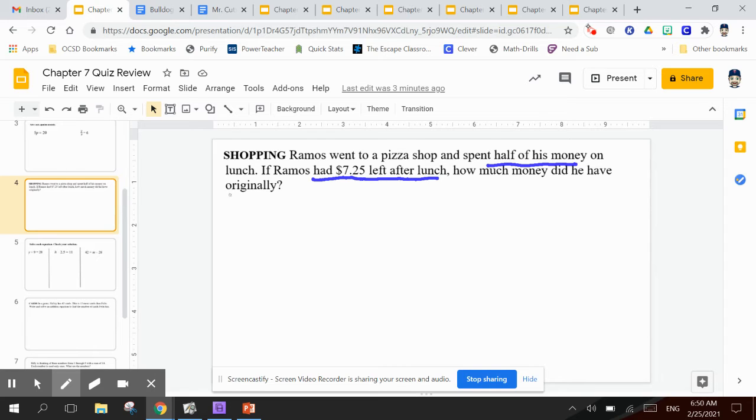So I don't know how much he had originally. That's my variable. So we have 1/2 his money. So 1/2 times W equals, here's how much he had after lunch, which was $7.25.